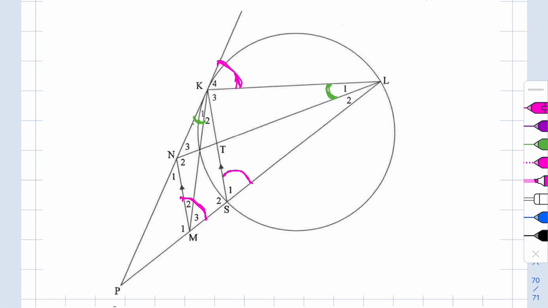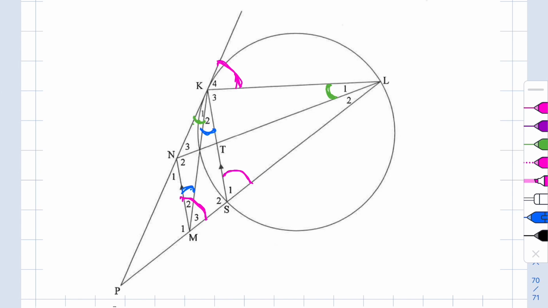And then we also have alternating angles. Which angles are alternating? We have our Z here. So you can see that M2 alternates with K2. Okay, so that is our diagram.